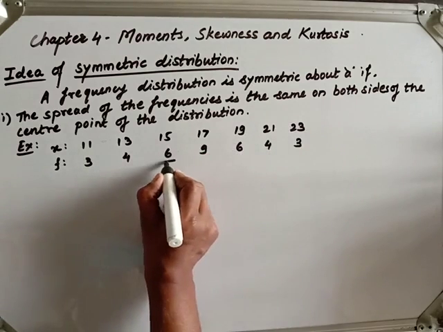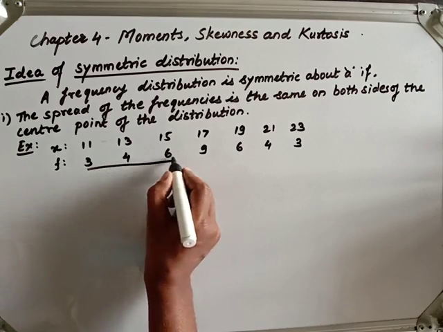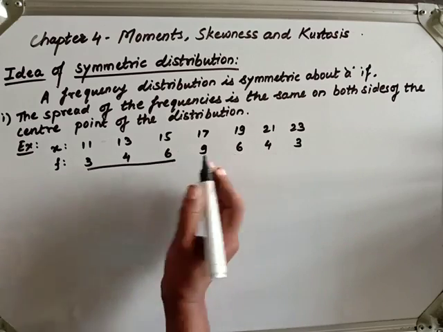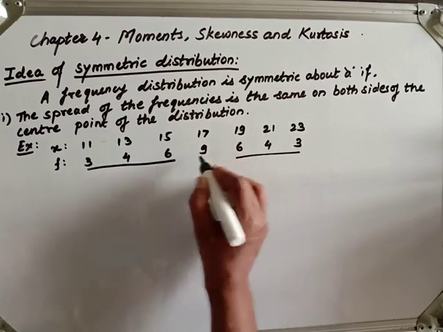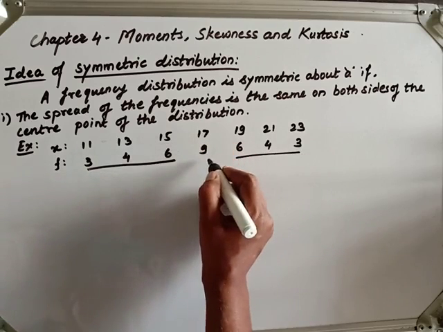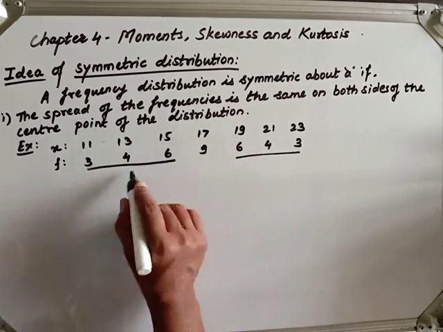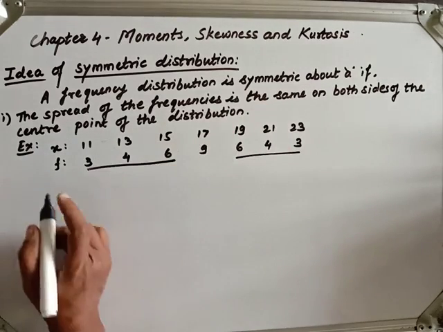Look here: the frequencies 3, 4 and 6 are in increasing order, and then 6, 4 and 3 in decreasing order. So on both sides it is symmetric. The frequencies are symmetrical about the mean, 17 here. They are the same on both sides.